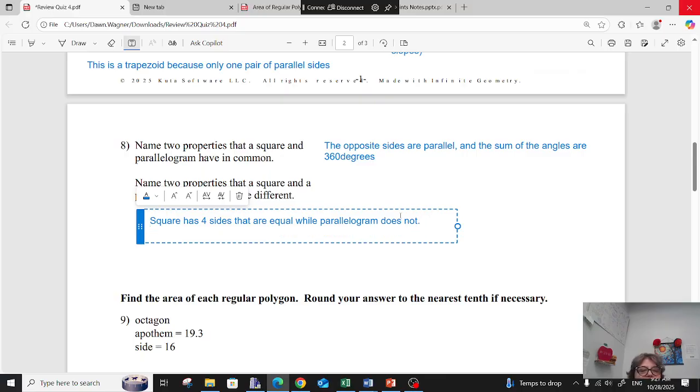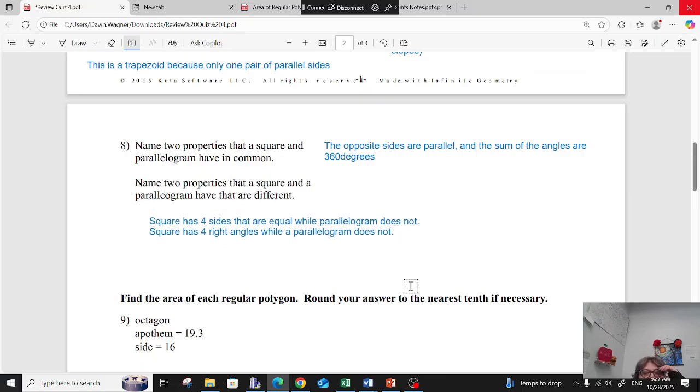And then what's another one? Square has four right angles or congruent angles. Either way would work. While a parallelogram does not. There. Done.